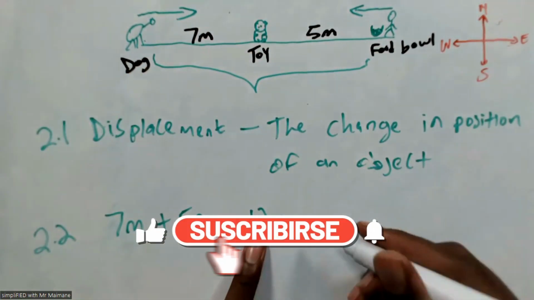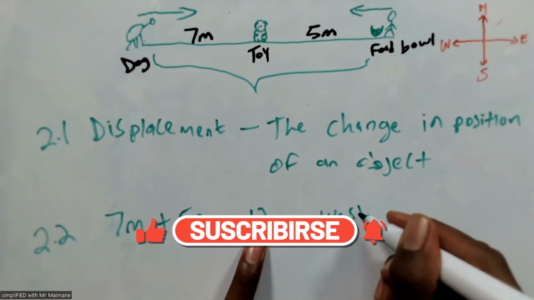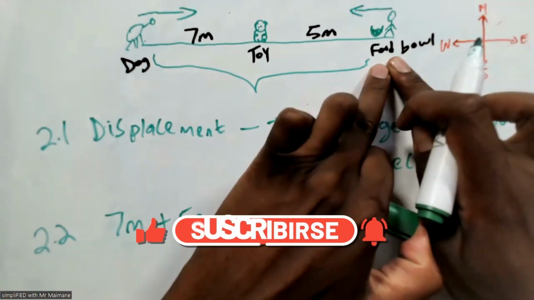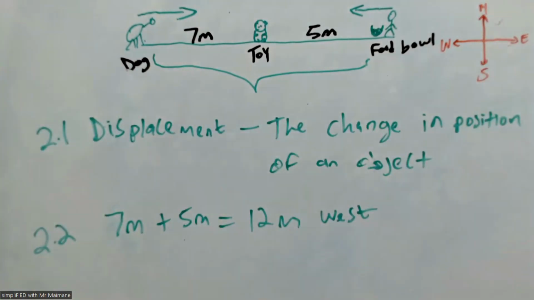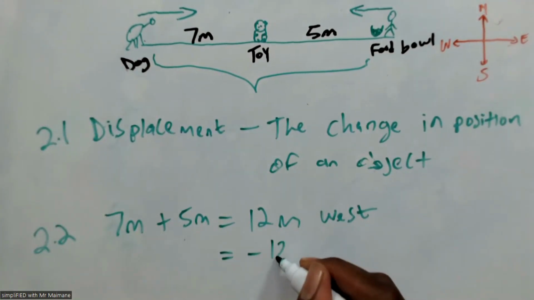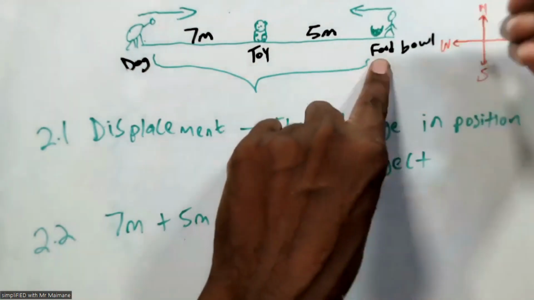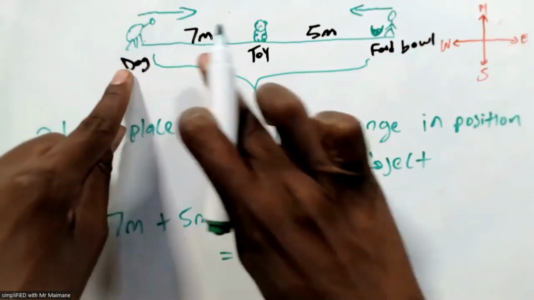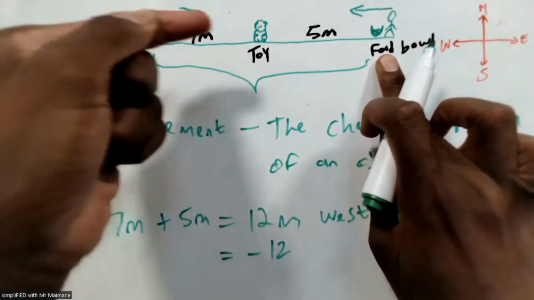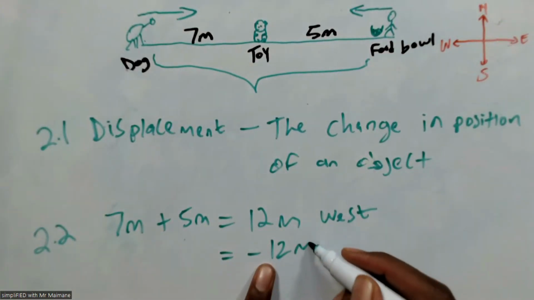But 12 meters from the boy's point of view is on the west side. Or you can just say minus 12 meters, because if that is the positive direction, the opposite is just going to be minus 12 meters.